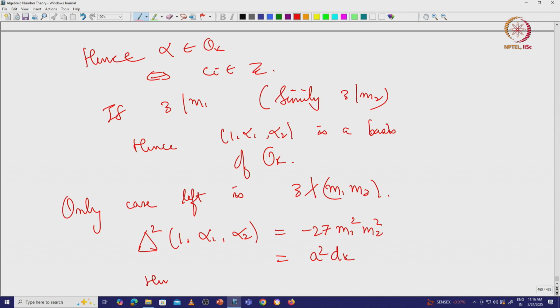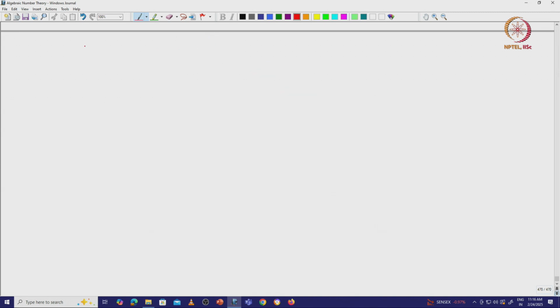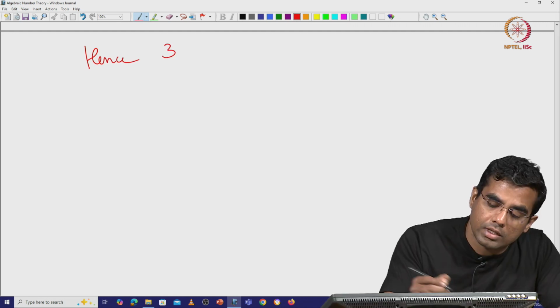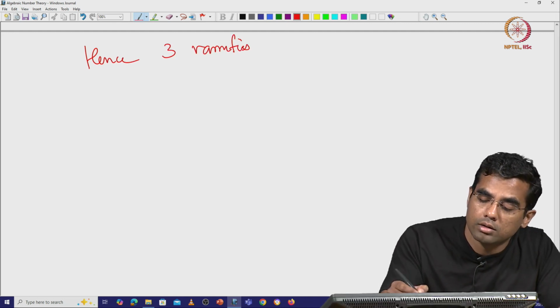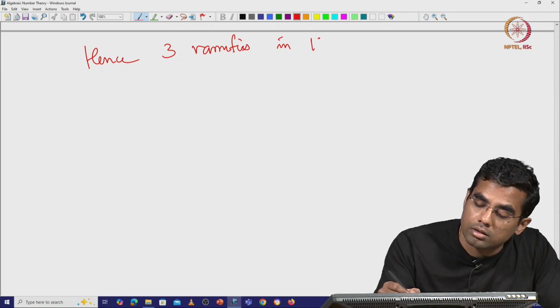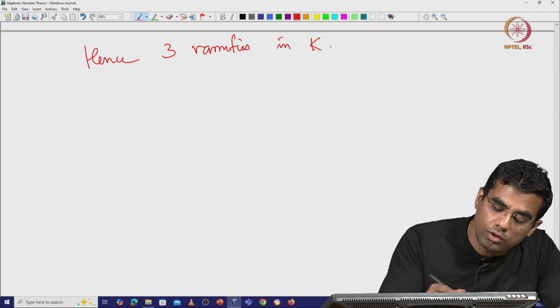So, hence 3 divides dk, that is necessarily true, right. 3 has to divide dk, which means that 3 is ramified in K. So, hence we could have done that before as well. So, there are again two possibilities.